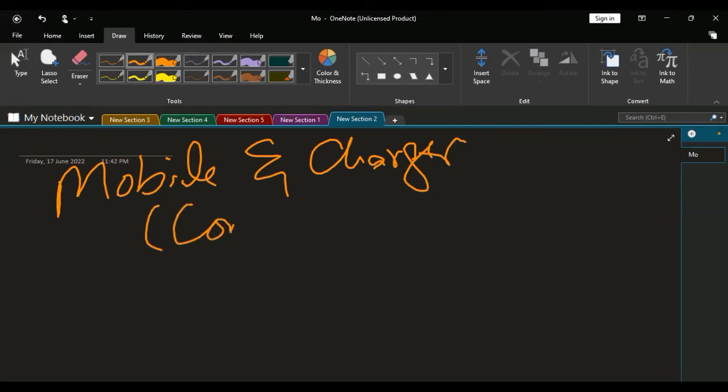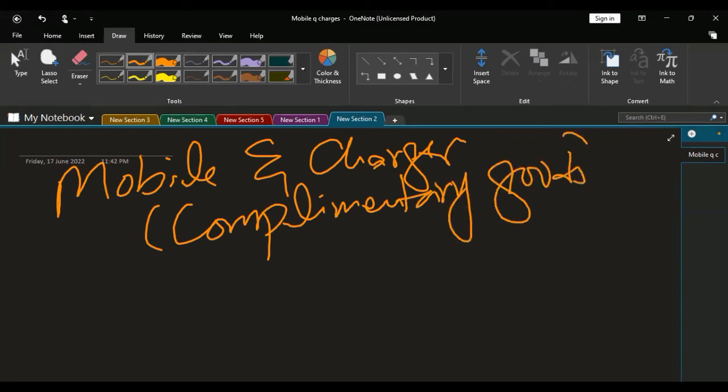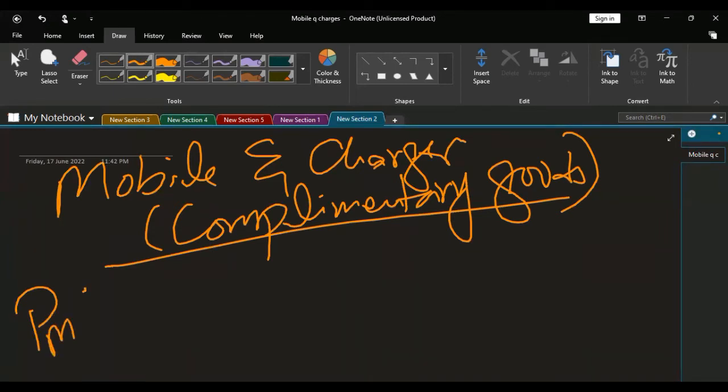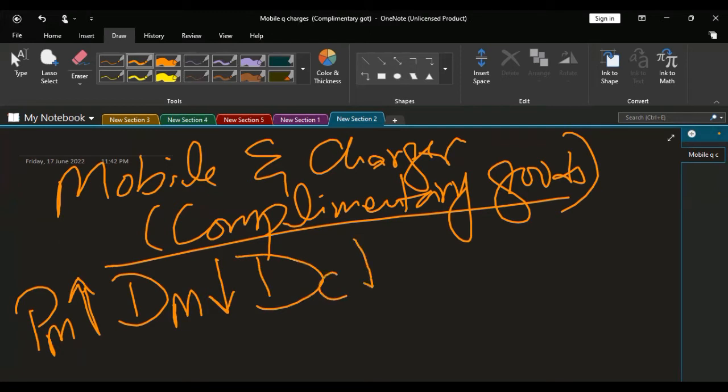Both are complementary goods. So, if price for mobile phone increases, demand for mobile decreases and demand for charger also decreases because charger is normally used with mobile. When mobile demand decreases, charger demand also decreases.